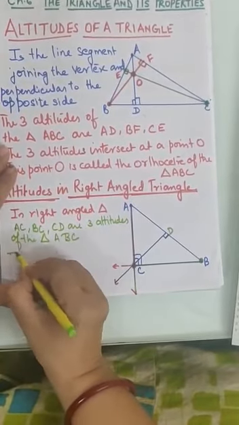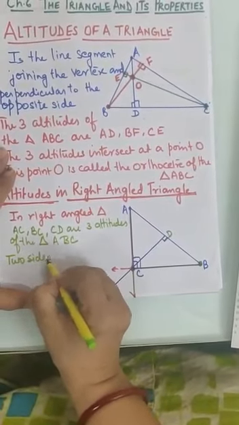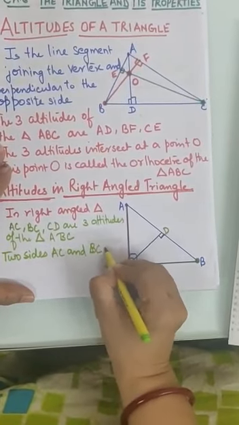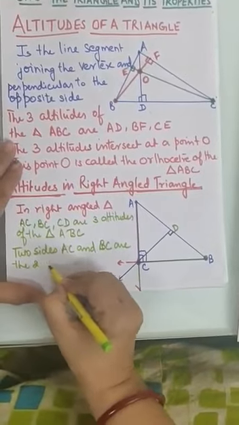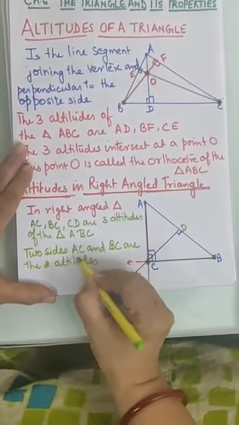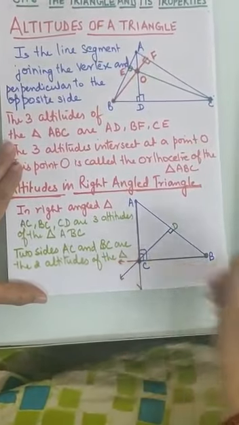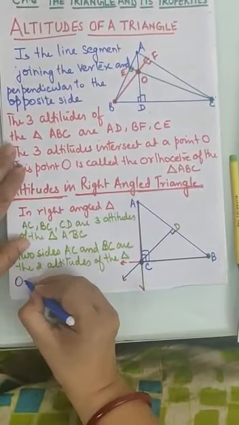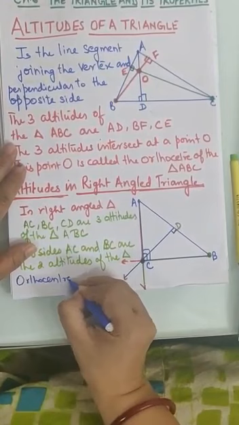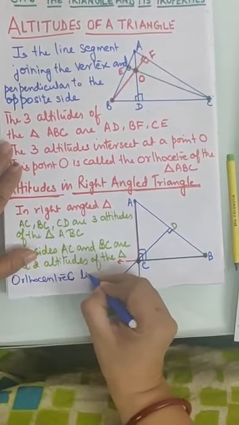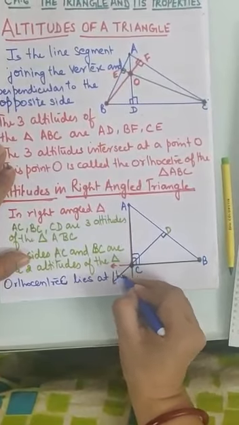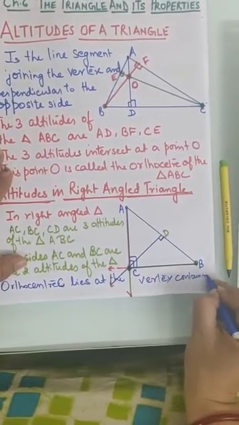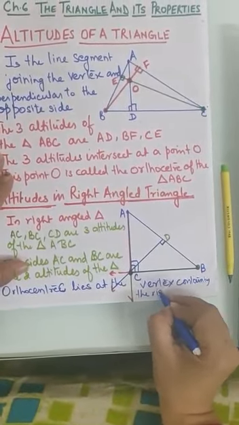Okay, so two sides AC and BC are the two altitudes of the triangle, and this orthocenter C lies at the vertex containing the right angle.